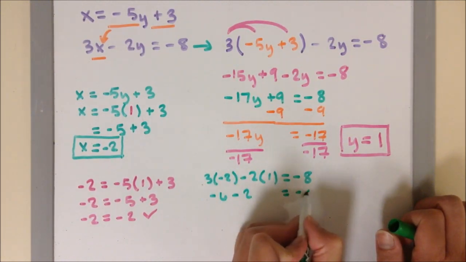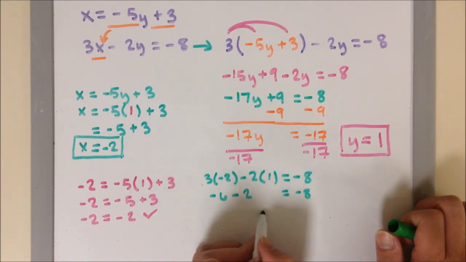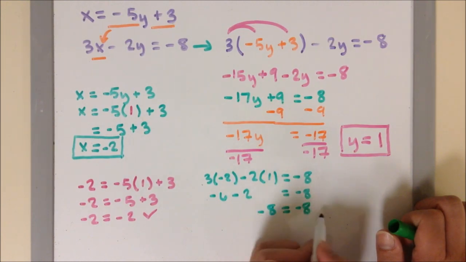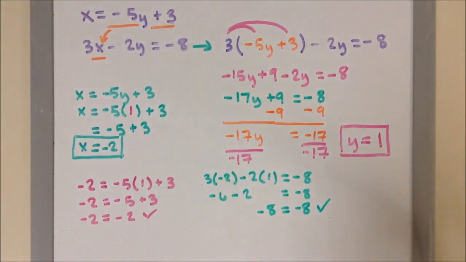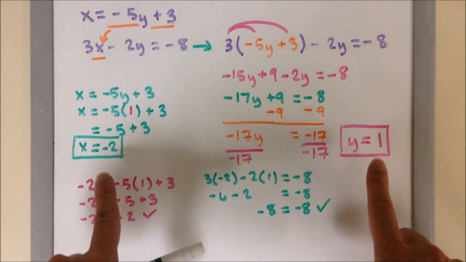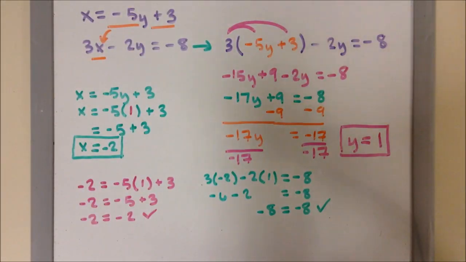Negative 6 minus 2 is negative 8, which is equal to negative 8. That's true, so it's correct. These two solutions work for both equations. So my final answer for this example is x equals negative 2 and y equals 1.